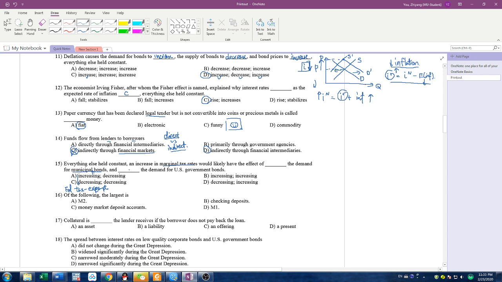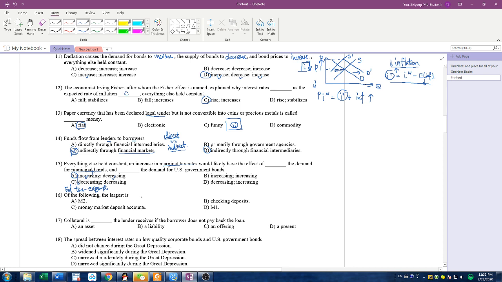So we expect the demand for municipal bonds to increase, and at the same time, unfortunately, the demand for U.S. government bonds, whose interest has to be taxed, is going to decrease. Okay, so the right answer is A.